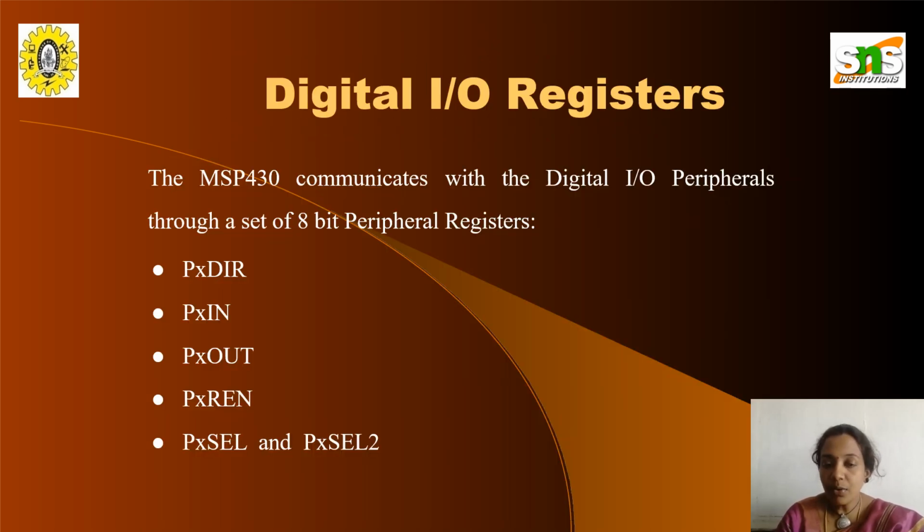So digital I/O registers: the MSP430 communicates with the digital I/O peripherals through a set of 8-bit peripheral registers. So there are registers like PxDIR, PxIN, PxOUT, PxREN, PxSEL and PxSEL2. So these are the registers that are used to communicate with the digital I/O peripherals.